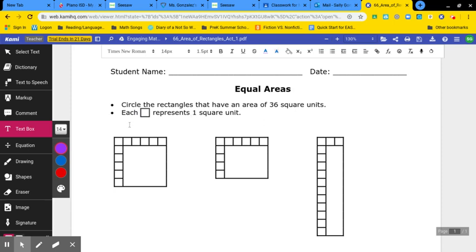So if you remember from yesterday's lesson, we can use multiplication to find the area of a shape. Now remember, area is the measurement of space inside a shape.